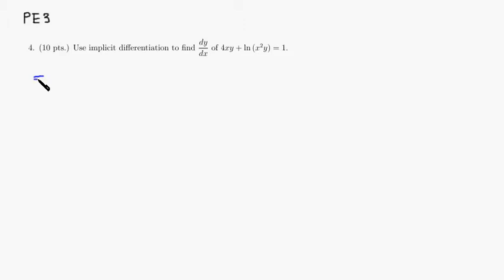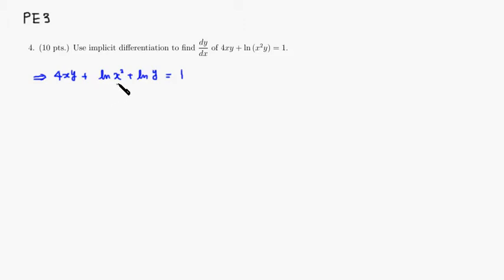So 4xy, there's nothing we can do about that, so we have that. But when you have a natural log and there's a multiplication inside, we can write it as natural log of x squared plus natural log of y, and that is equal to 1 on the right.